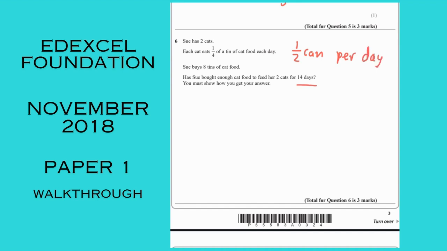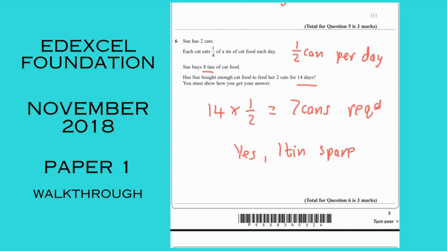And for 14 days, it means 14 halved, she would require 7 cans are required. Well, tin, sorry, she's got 8. Has Sue bought enough cat food? Yes. And again, like all videos, if you want to be a bit more watertight, go for that 1 spare tin.